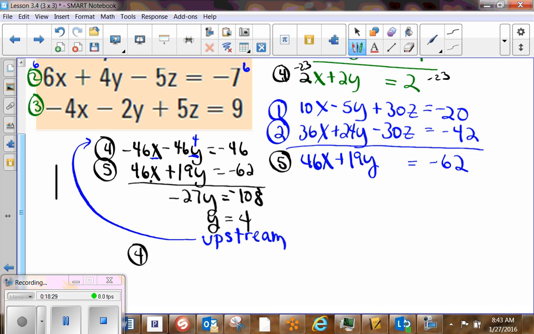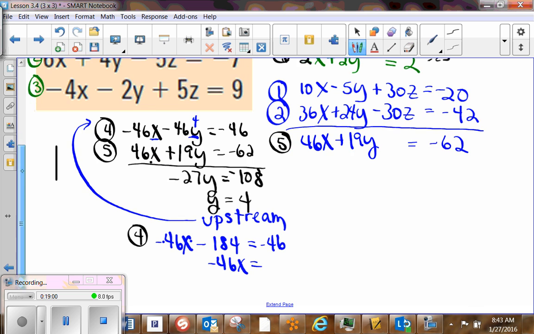So that's going to be negative 46x. What's 4 times 46, guys? 184. Equals negative 46. So negative 46x equals 184 minus 46.